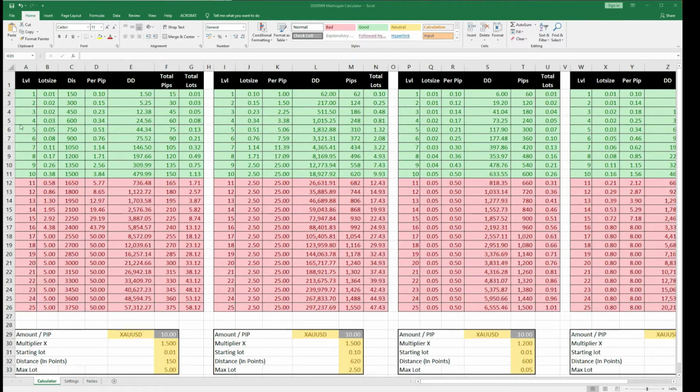So if you were to just look at this, 24.56, this would be the max drawdown that it will hit before it opens the fifth position in the Martingale series. So this figure is very important.